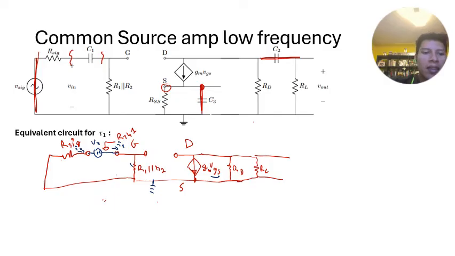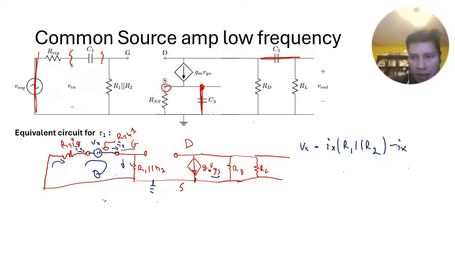So what we're going to do is use KCL here, and so we will have that Vx minus, remember Ix is coming out of here, and then it has to go down here, Ix times R1 in parallel to R2, and then it also has to drop through R sig, so minus Ix R sig has to be equal to 0. That's going to give us that Vx over Ix equals R1 in parallel to R2 plus R sig.